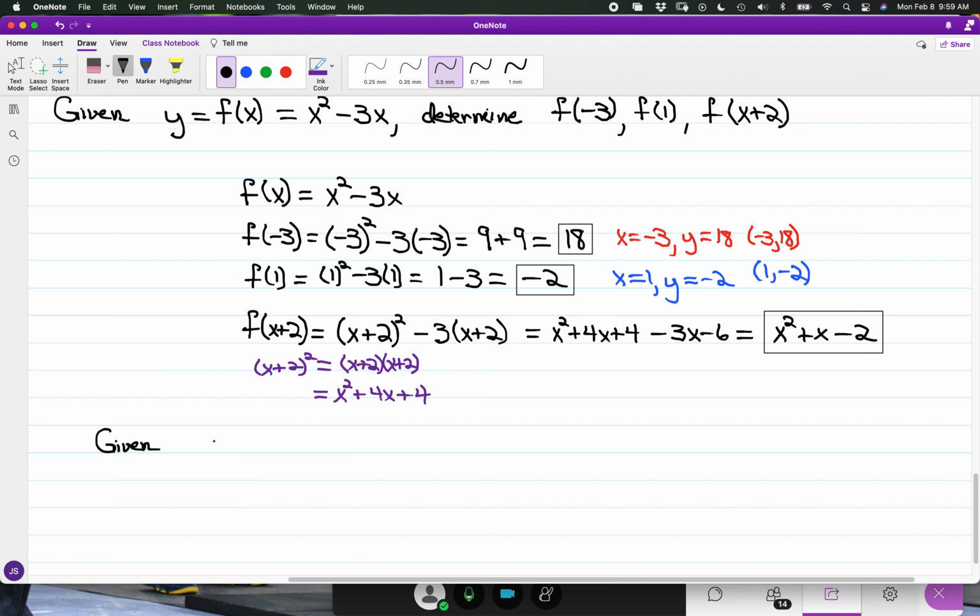Now we'll say we have given f of x is equal to 2x squared minus 3x plus 7.